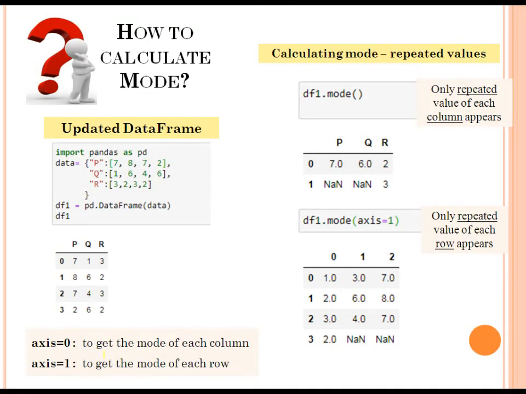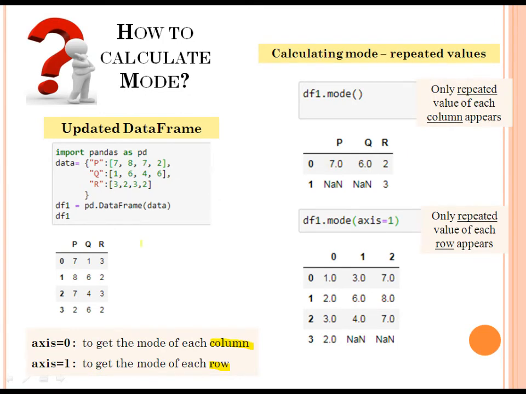Then axis 0 to get the mode of each column, axis 1 to get the mode of each row. Now, next is how to calculate the mode, that is the repeated values. So when I'll write df1.mode, only repeated value of each column appears.